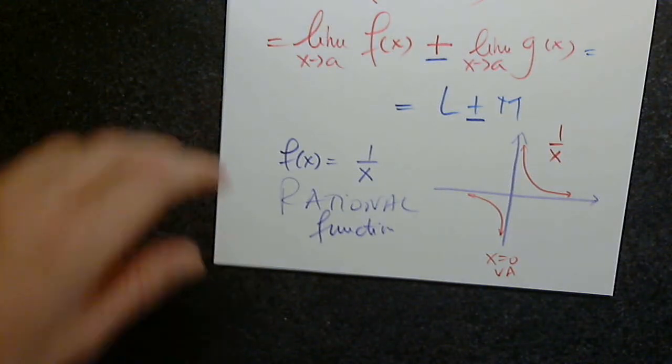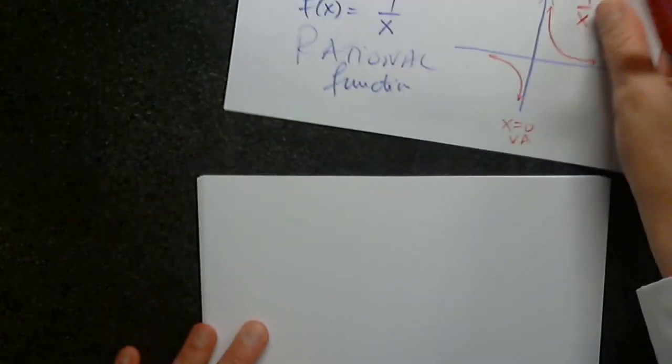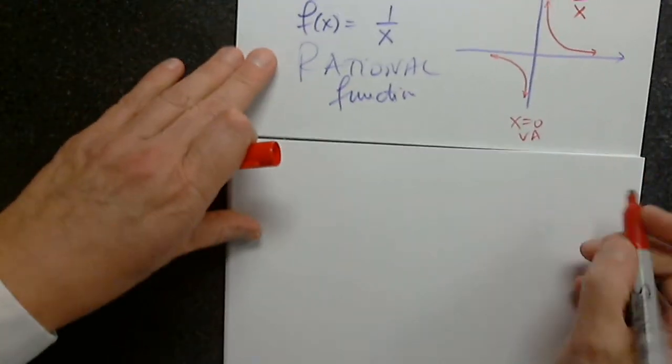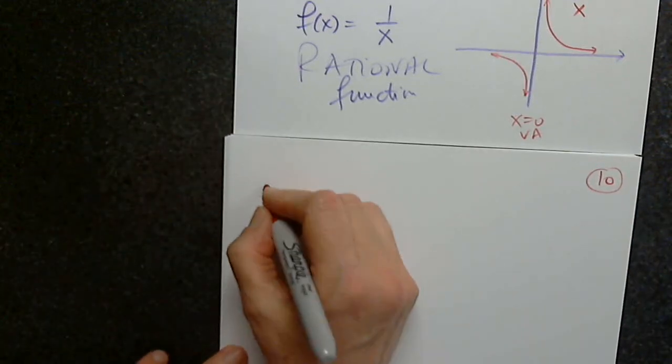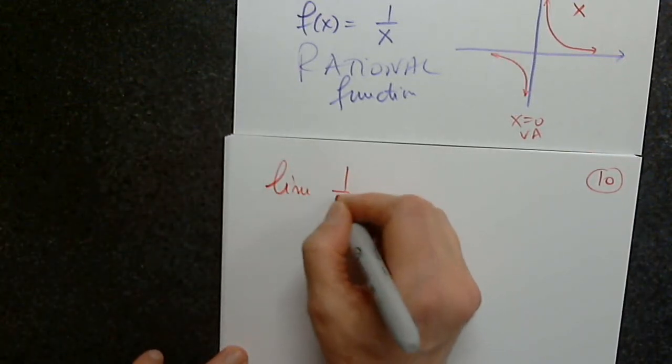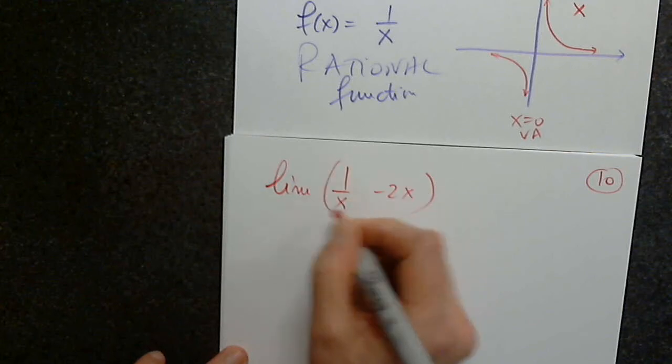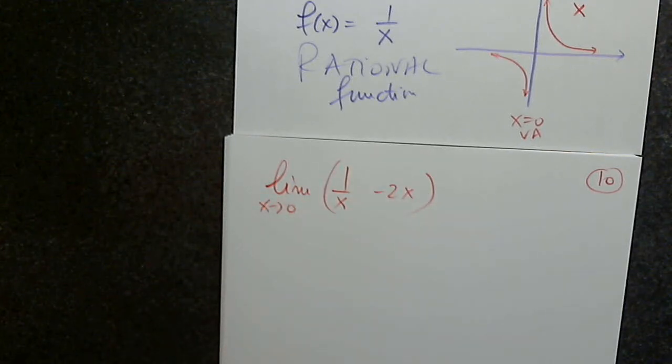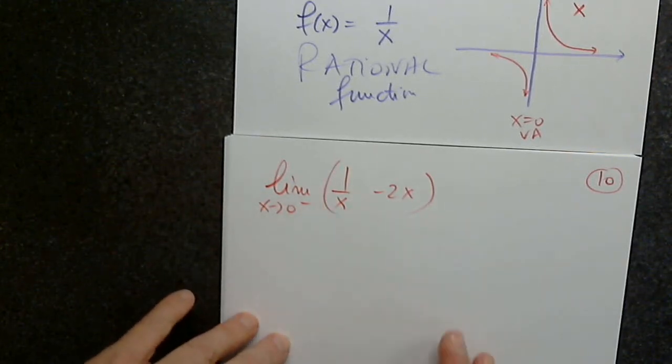Excellent. And now I want to give you an example of this. Allow me. So I want us to use this limit law on 1 over x minus 2x as x approaches 0, let's say from the left.